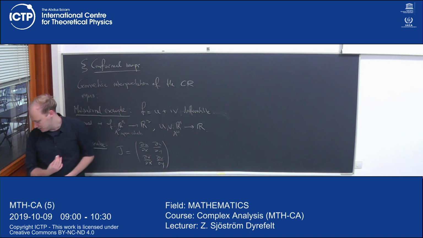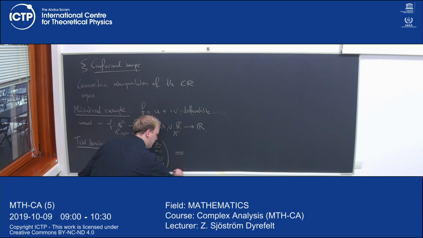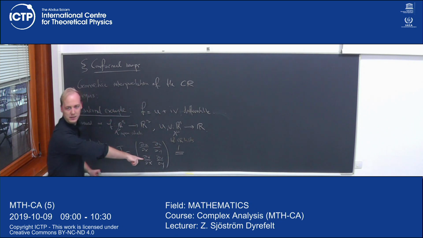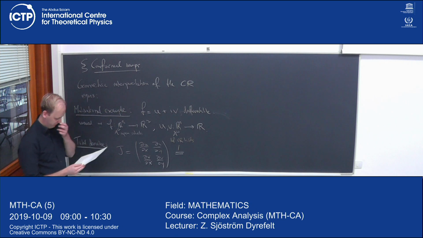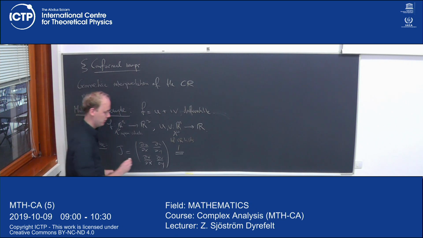Now what does it mean to satisfy the Cauchy-Riemann equations? If Cauchy-Riemann holds, then we can rewrite this in some appropriate way. What were the Cauchy-Riemann equations? Can you remember?